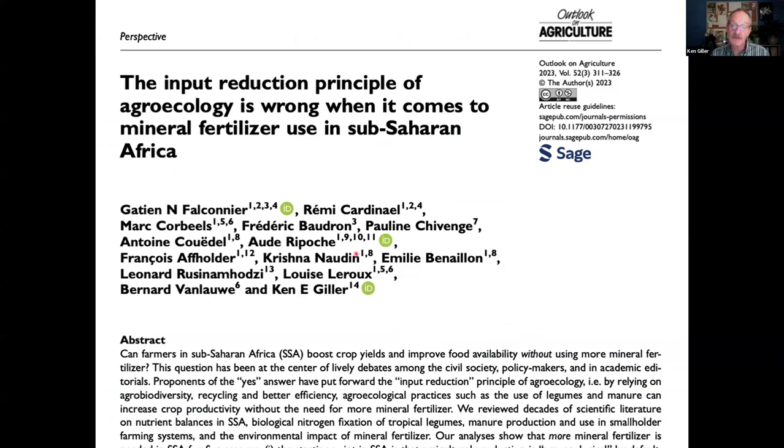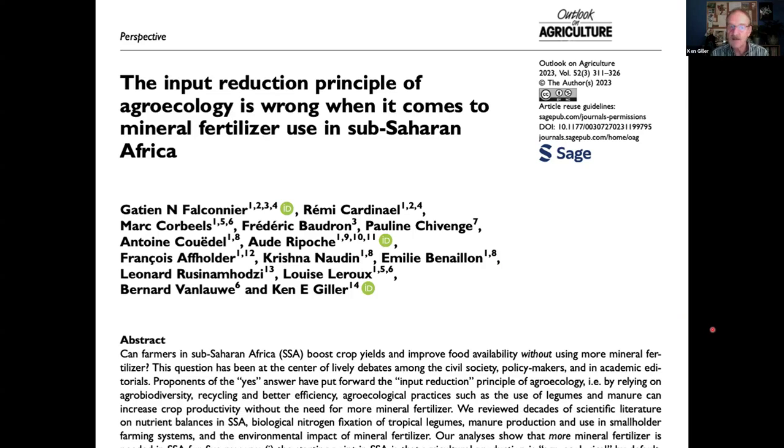The input reduction principle is wrong when it comes to mineral fertilizers in Sub-Saharan Africa, because all my experience tells me that legumes can do so much with nitrogen fixation, but we still need phosphorus, we still need potassium. We need more inputs, because production continually on soils with nothing returned is actually the best way to destroy your soils. Mineral nutrients from fertilizers are absolutely needed to sustain those soils and to build soil health.